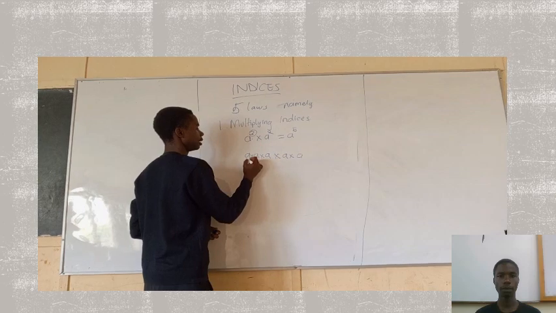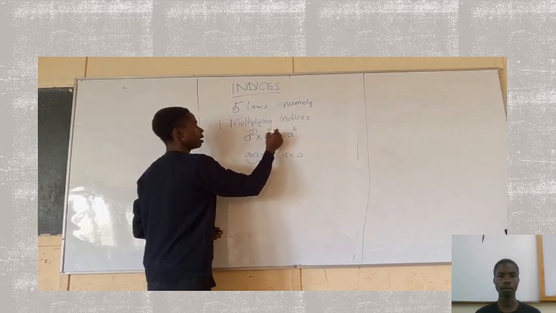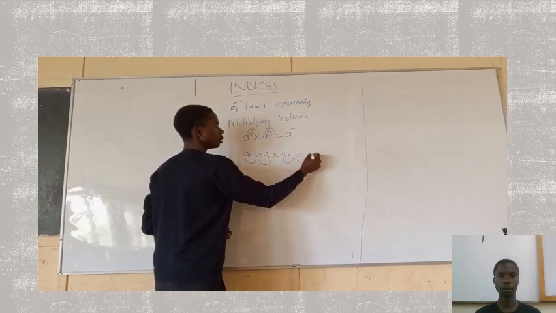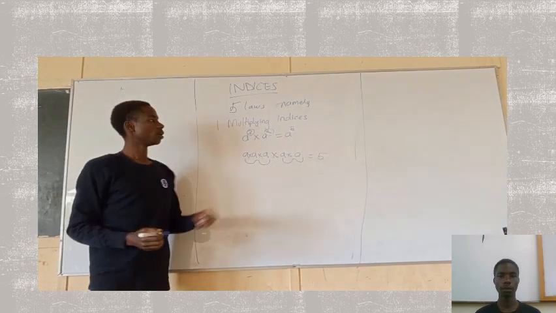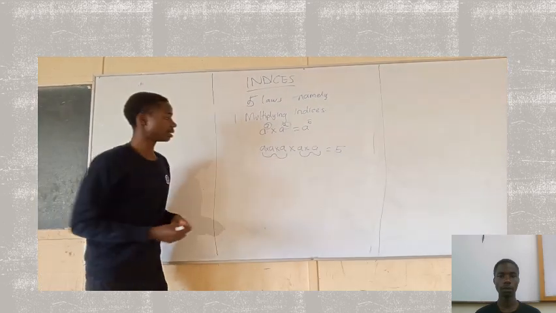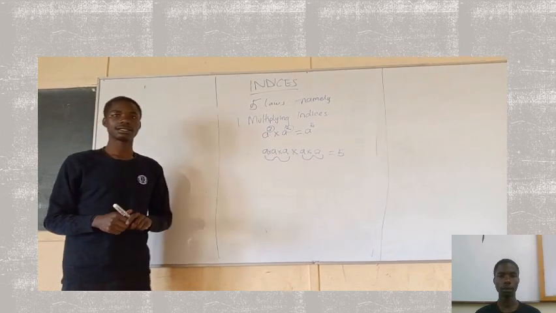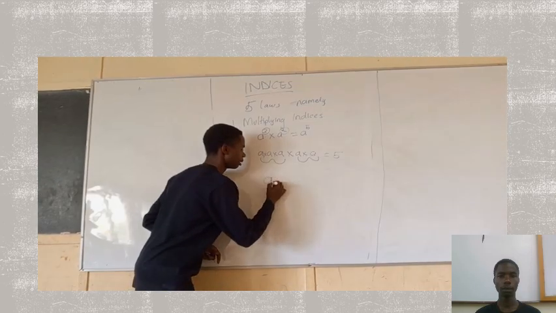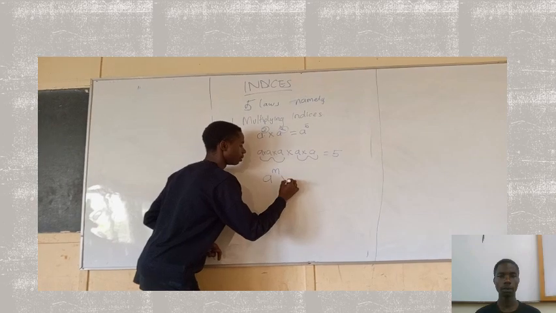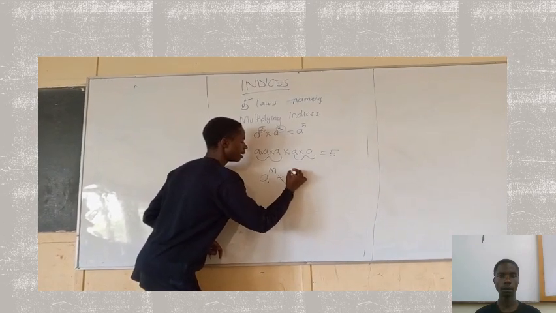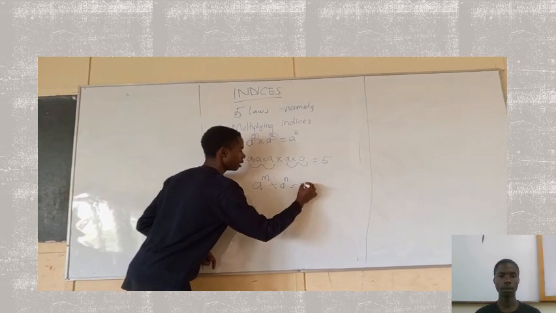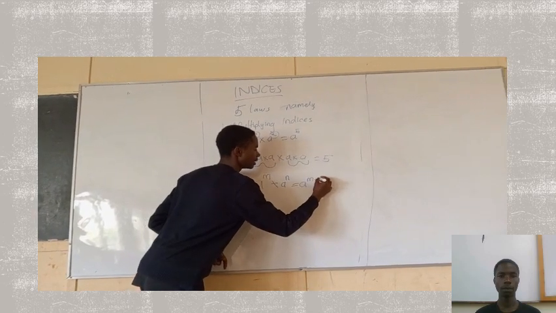A power 3 and then A power 2, which is in total 5. What are we trying to say? Generalizing this formula, multiplying indices shows that A power m multiplied by A power n is equal to A power m plus n.